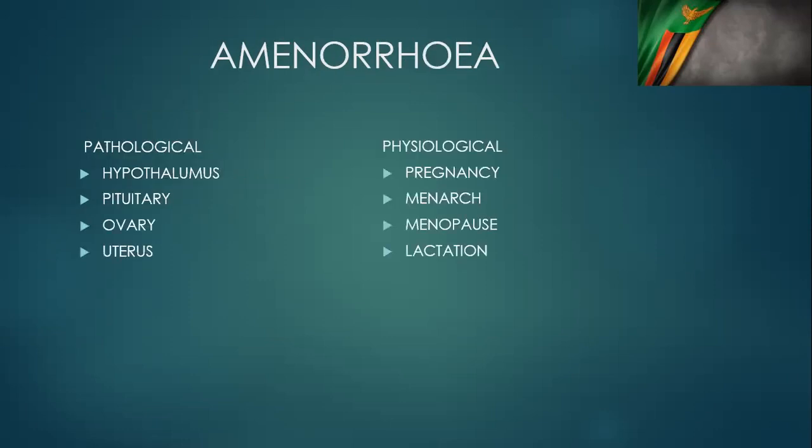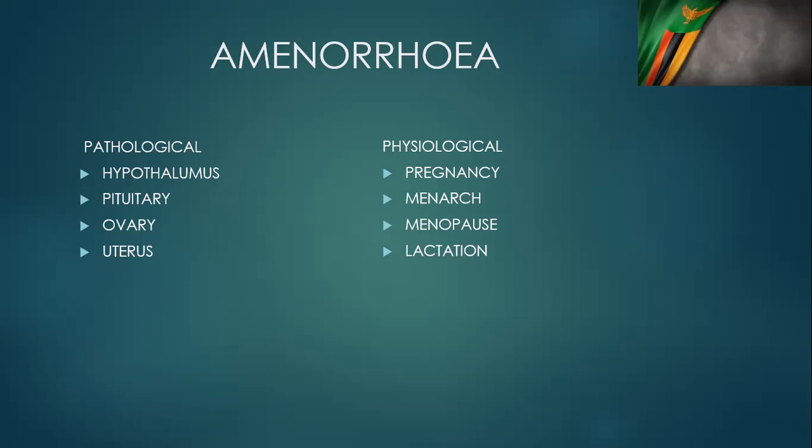So we know that amenorrhea can be pathological or it can be physiological. Physiological means situations where it's normal to have amenorrhea. So what we are defining on the other side is pathological amenorrhea. But there is physiological amenorrhea, which means amenorrhea that is not due to any pathology. So pregnancy, you get physiological amenorrhea.